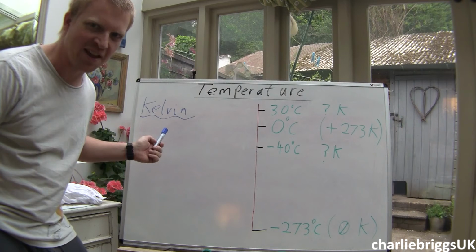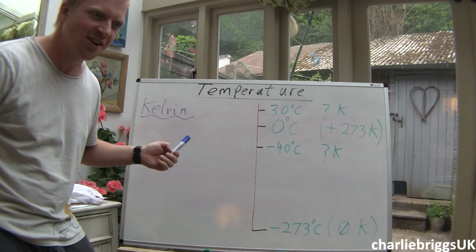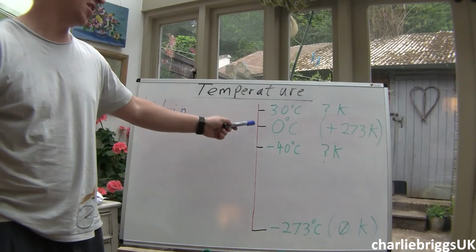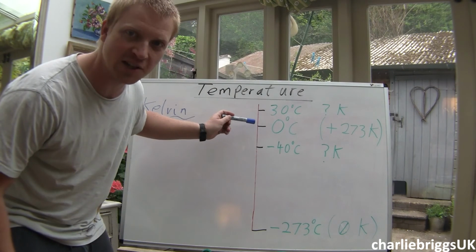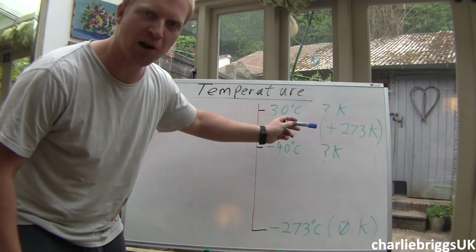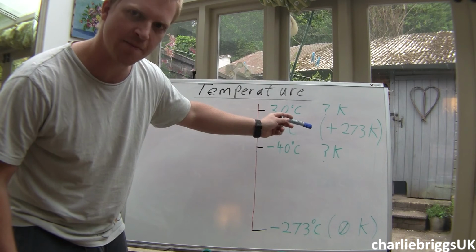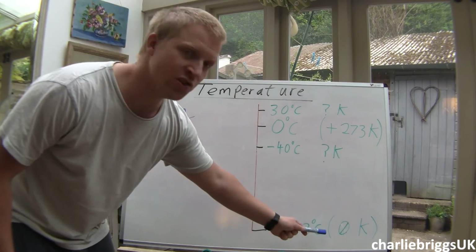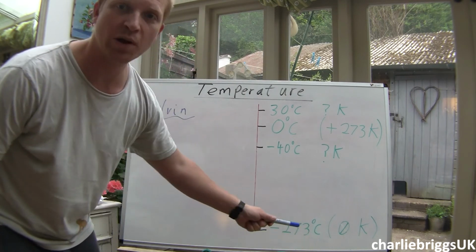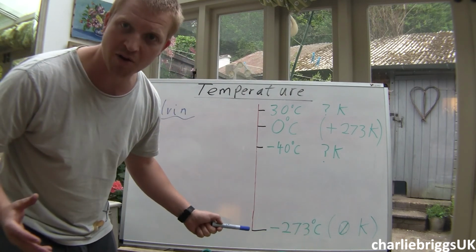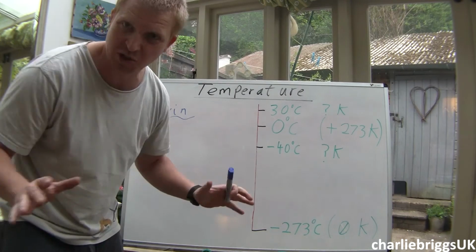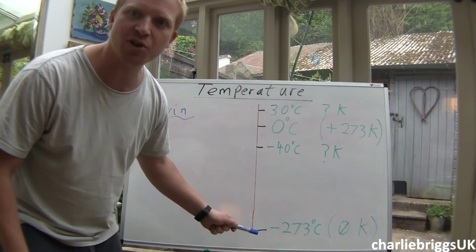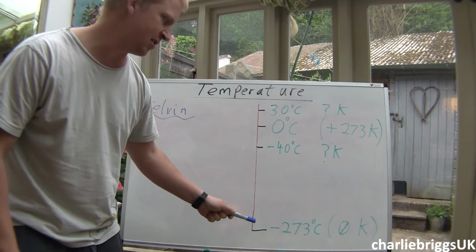Let's look at Kelvin. So you can see that 0 degrees Celsius is plus 273 Kelvin. But we go down to 0 Kelvin, which is absolute zero, the coldest possible, is negative 273 degrees Celsius.